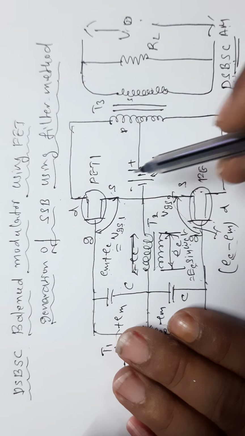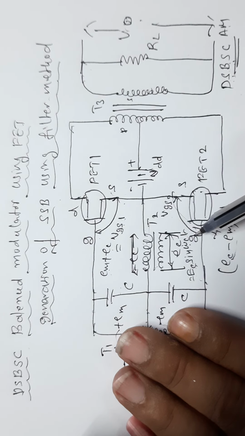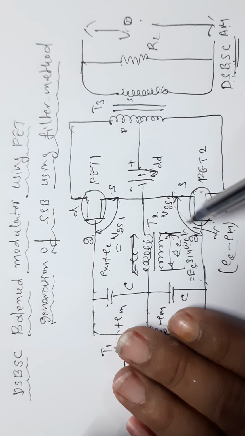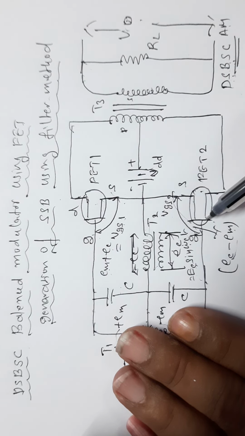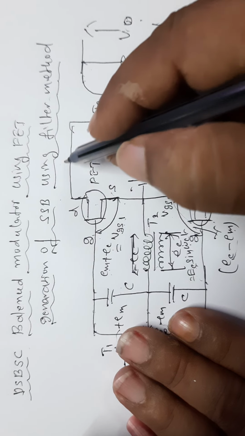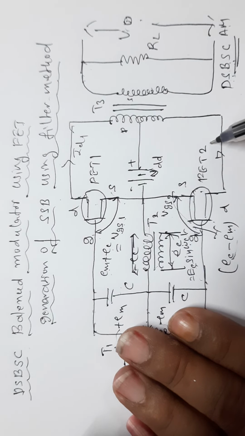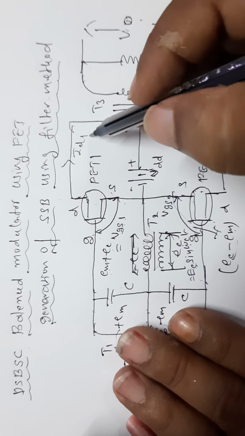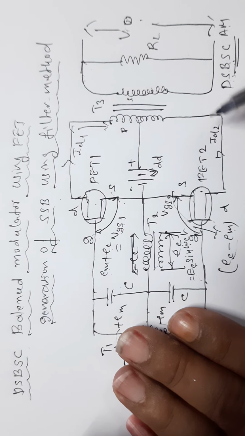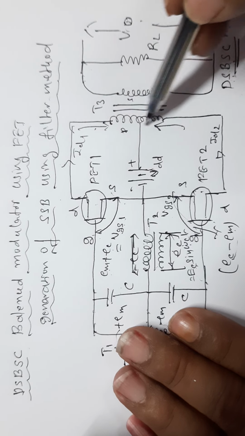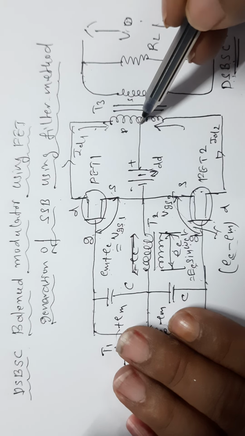Since both gate source voltages are equal, the drain currents ID1 and ID2 are equal. ID1 flows in this direction, ID2 flows in this direction. These two equal currents flow in opposite directions, therefore the net value at this point is 0.